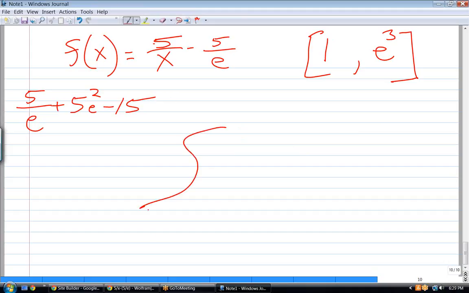So we're going to go from 1 to e of this function, 5 over x minus 5 over e dx. That's a positive area. It's above the x-axis.